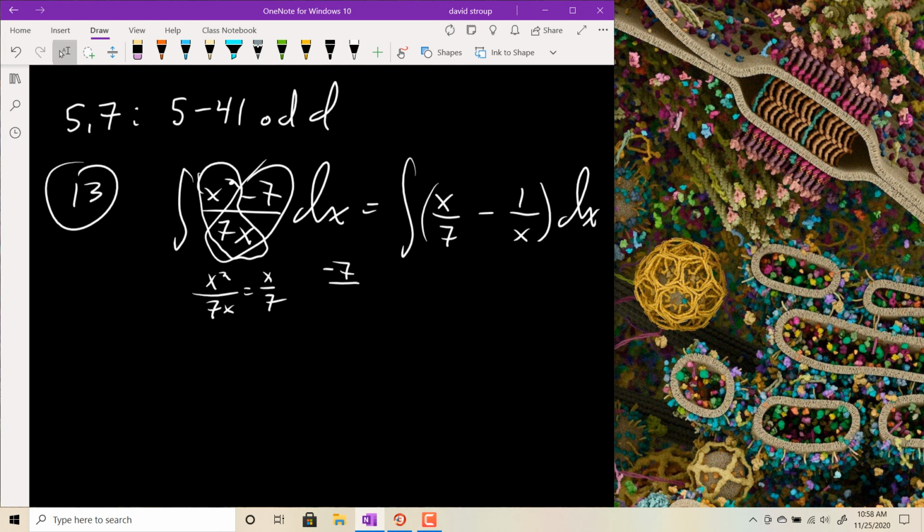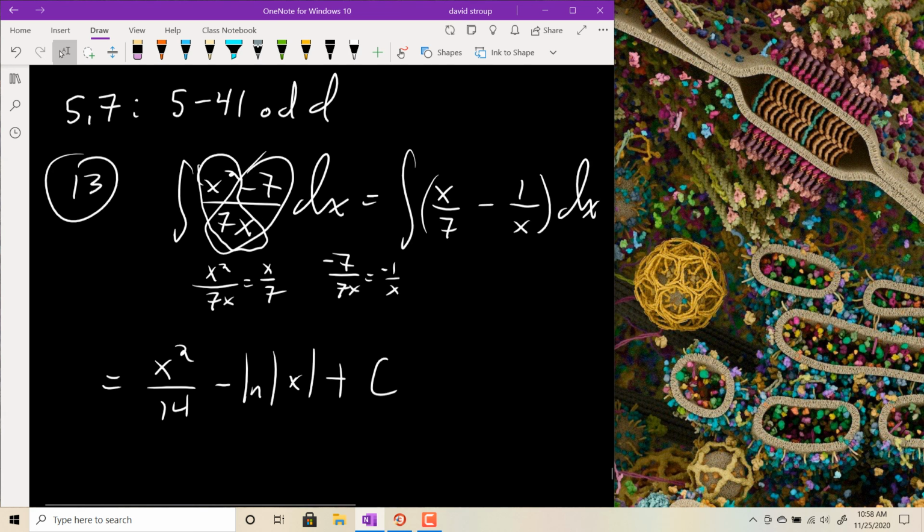And then negative 7 over 7x is just negative 1 over x. So yeah, those are right. And then go ahead and integrate those. So I'll have x squared over 7 times 2 is 14, minus 1 over x. What's the integral of 1 over x, people? Okay, so ln absolute value x. Right? Okay, and then plus some constant.